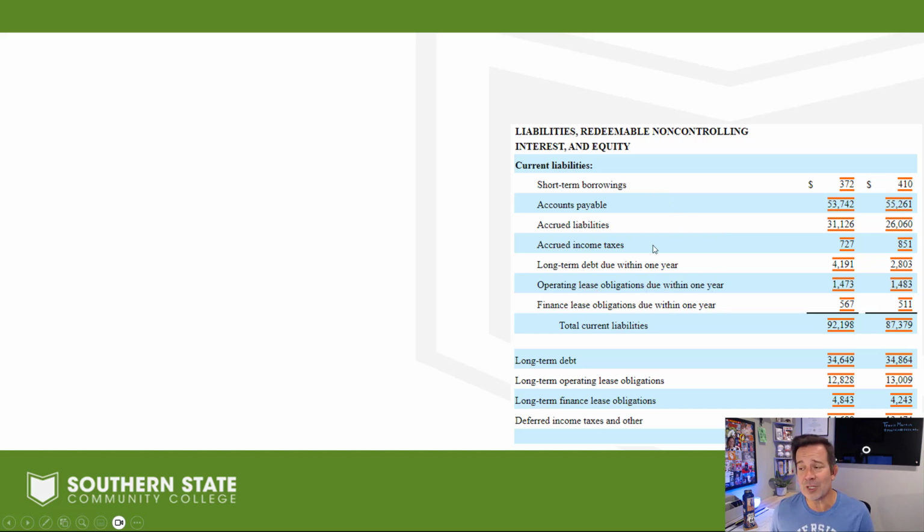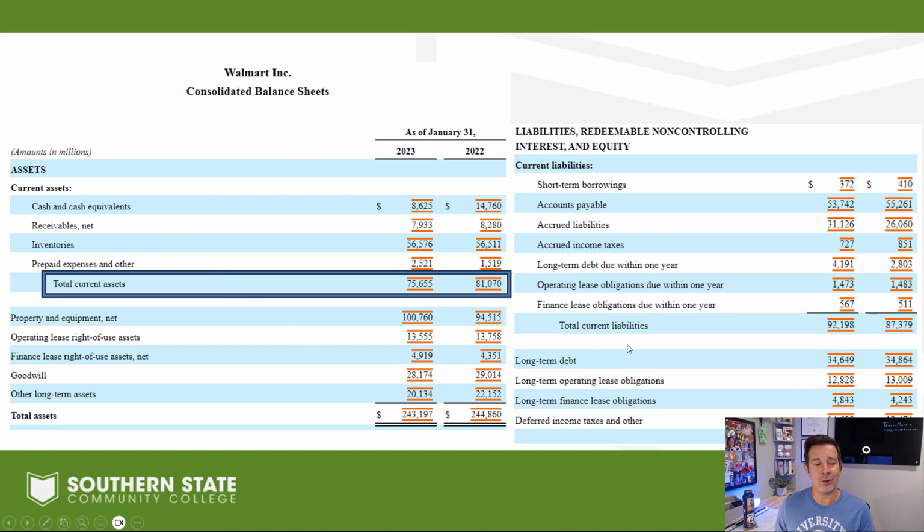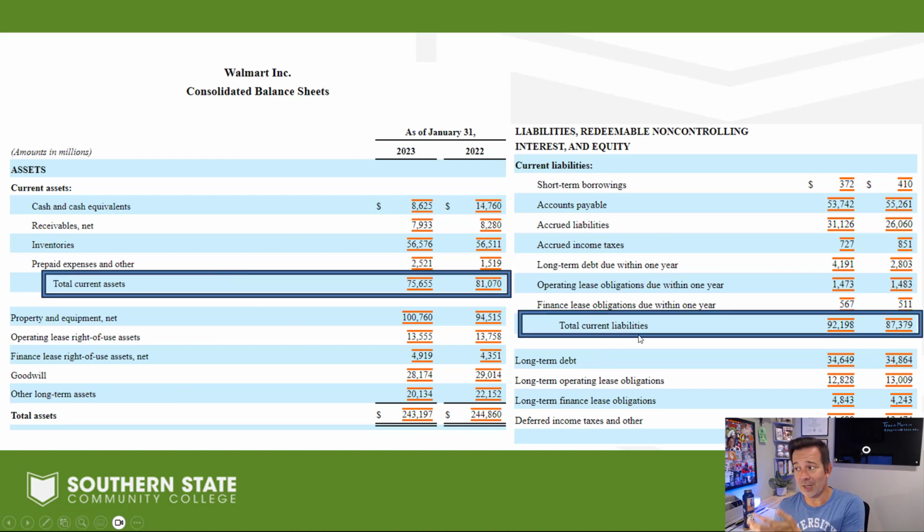All these items are going to have to be paid within one year. We would like to be able to pay those current liabilities out of our current assets. We expect to use those up within a year, and expect to have to pay those within a year. So, for the current ratio, our current assets are going to be divided by current liabilities.